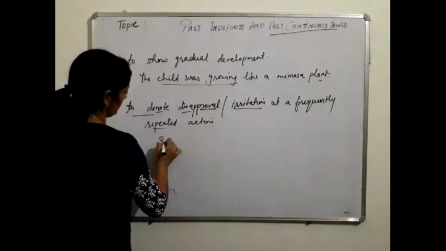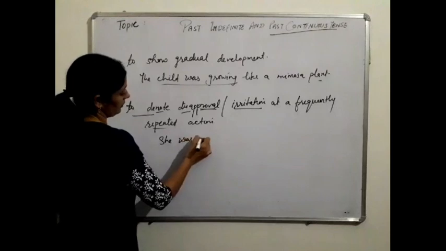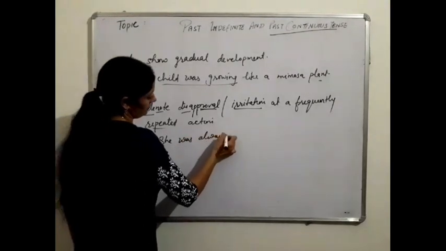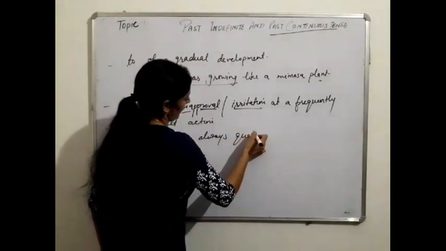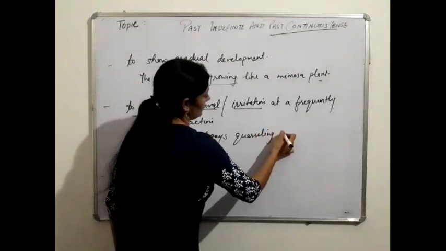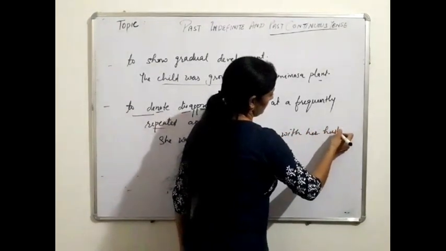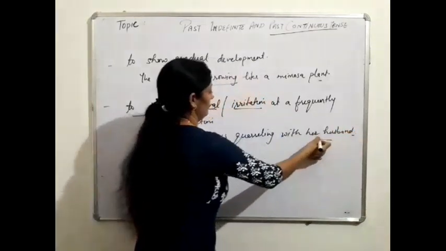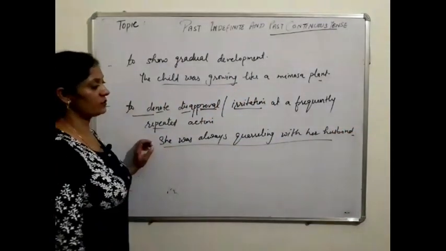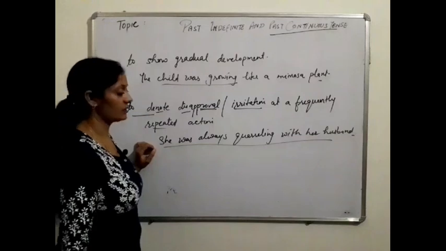For example, she was always quarreling with her husband. She was always quarreling with her husband.